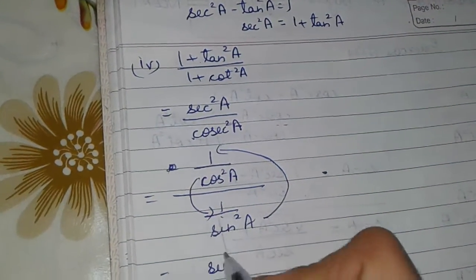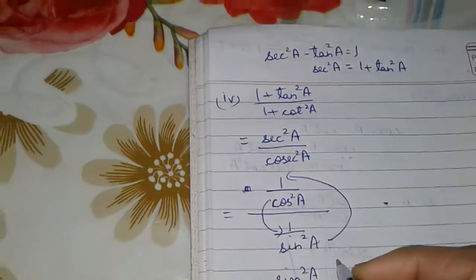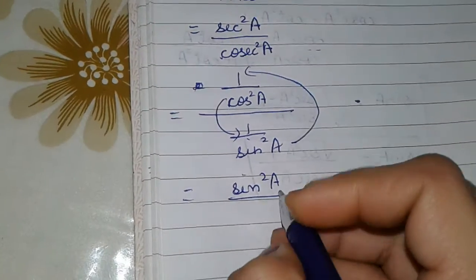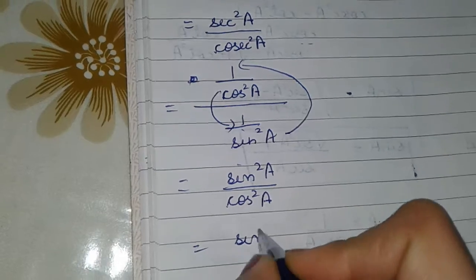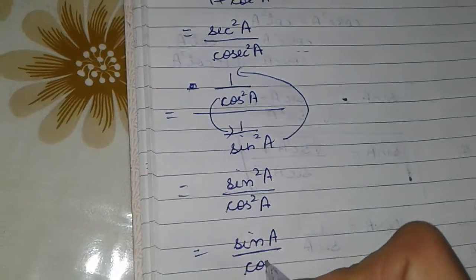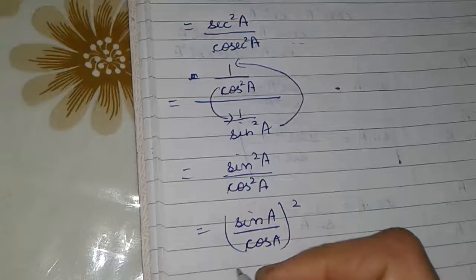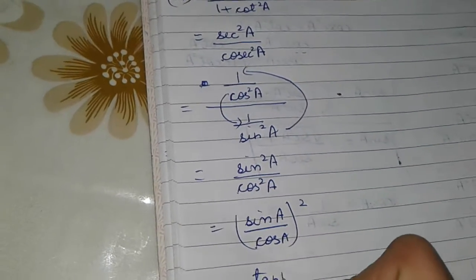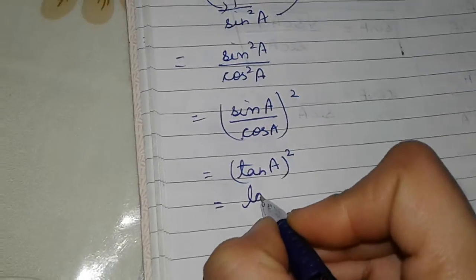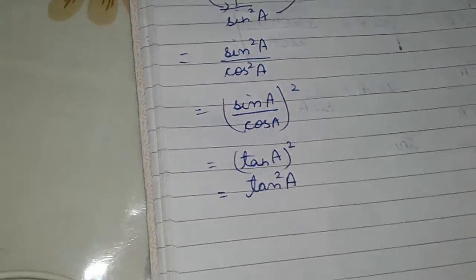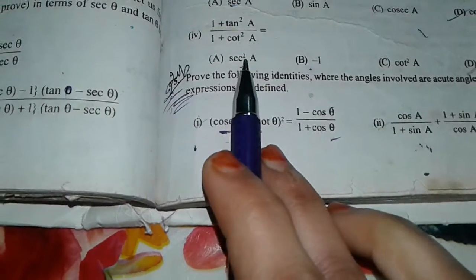It will be sin square A upon cos square A. Now we know that sin upon cos is tan, so (sin A upon cos A) whole square is written as tan A whole square, that is tan square A. Now look here, tan square is D part. So here it is D part.